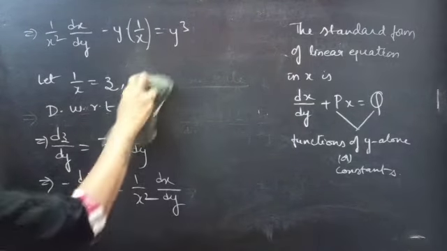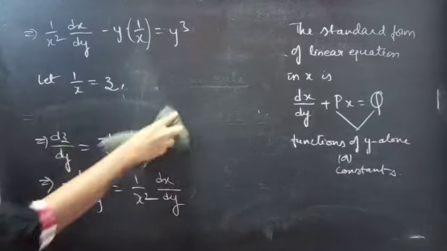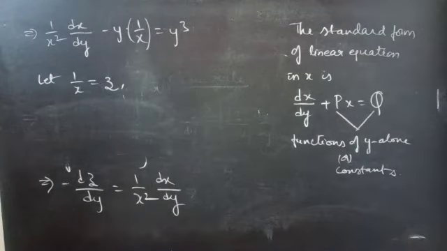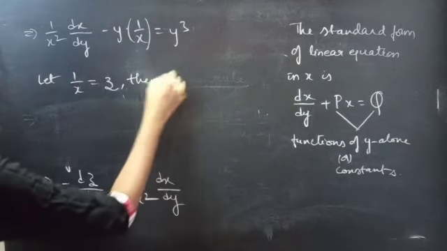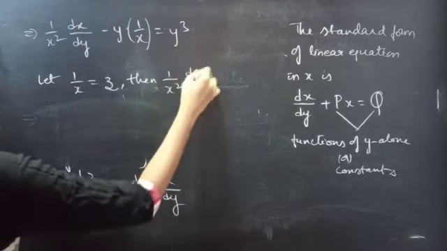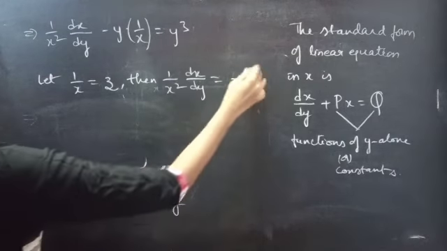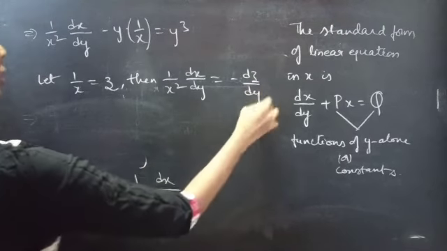So when 1 by x equals to z, then 1 by x square into dx by dy equals to minus dz by dy.